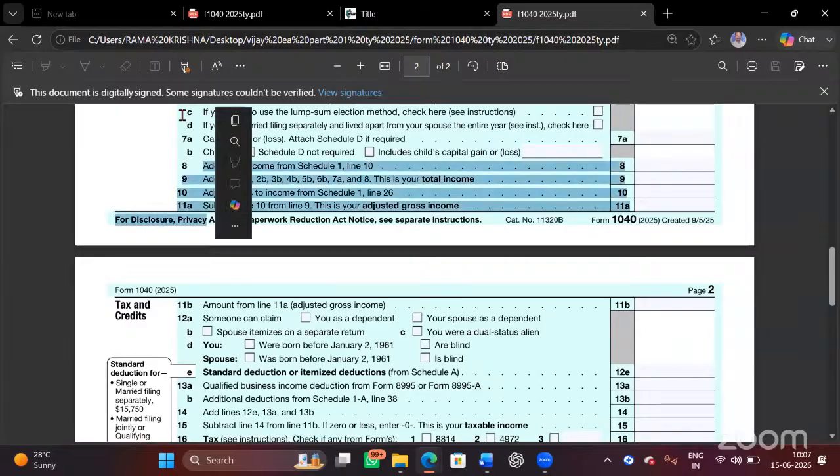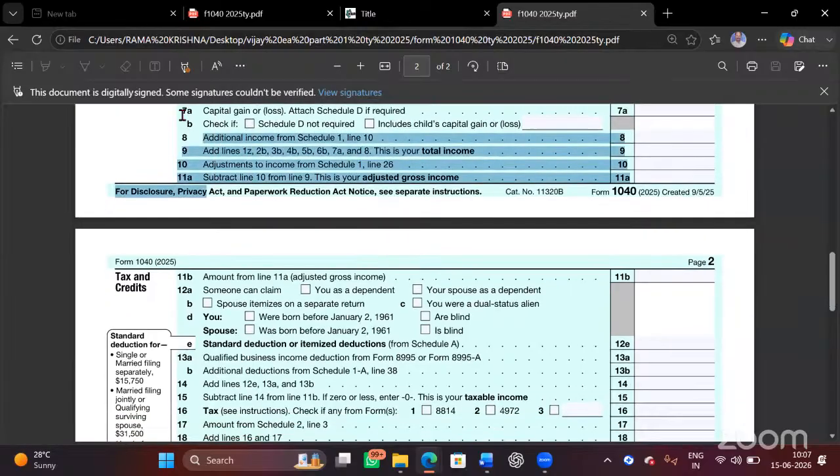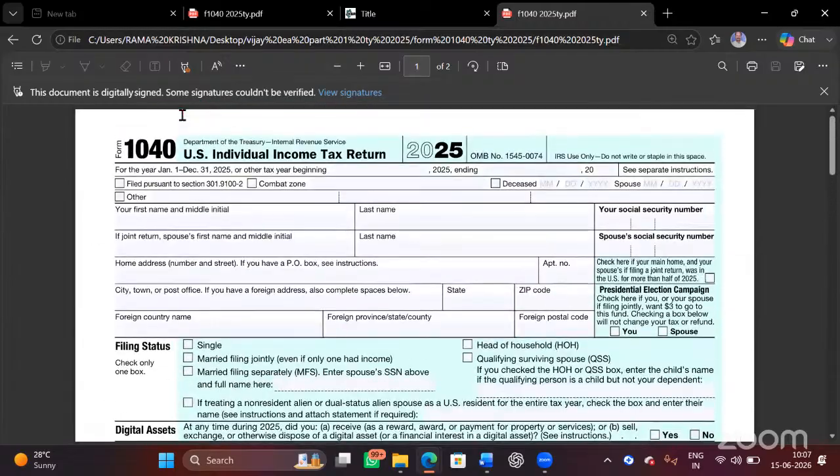So in Form number 1040, item number 10 is adjustments.